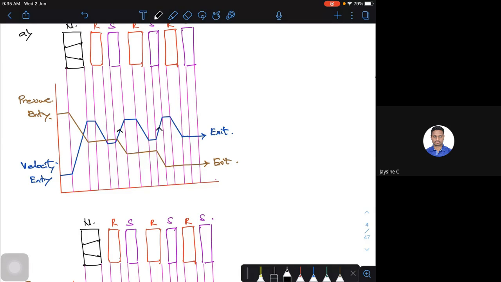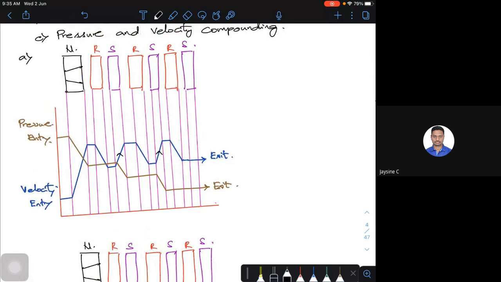Now look at the rotor, this particular portion is your rotor. Look at this, what is happening in the rotor.